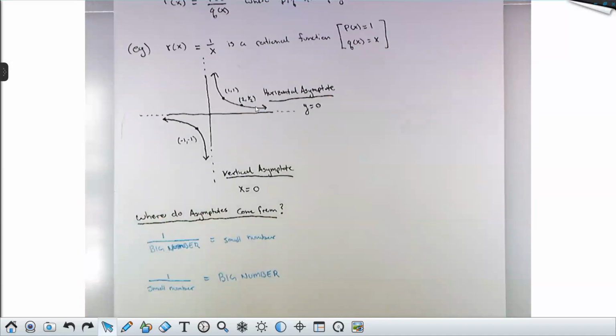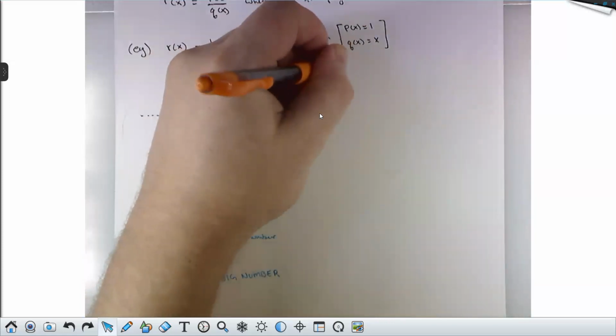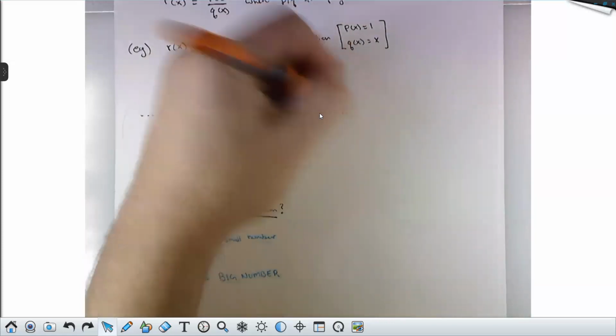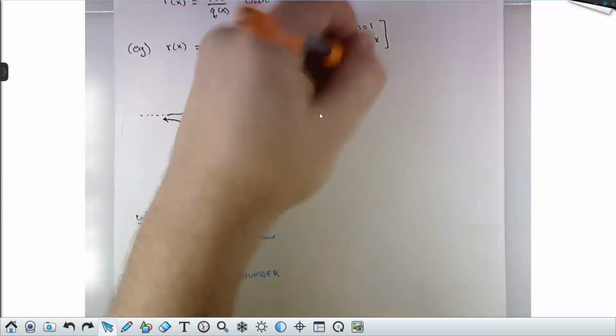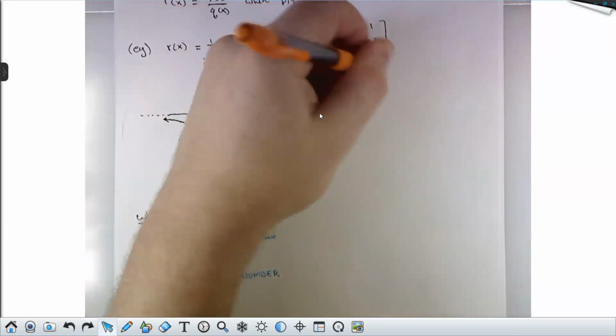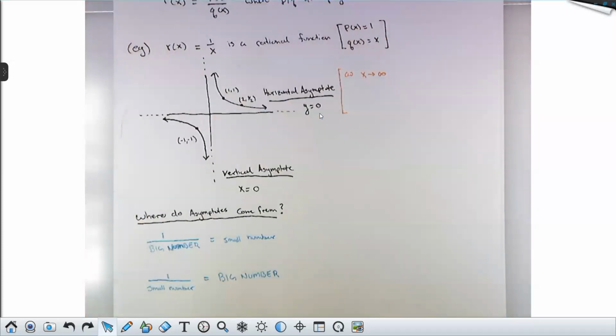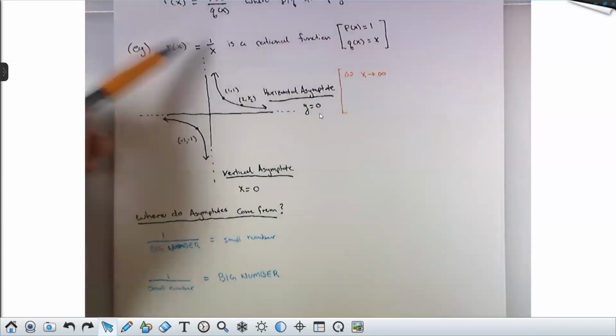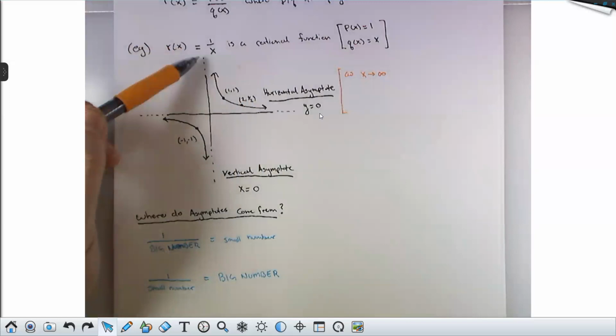So what's going on here, for example, as x goes off to the right? If I want to describe this horizontal asymptote, I would say as x gets bigger and bigger, the output or y value on this graph is 1 over a very, very big number.